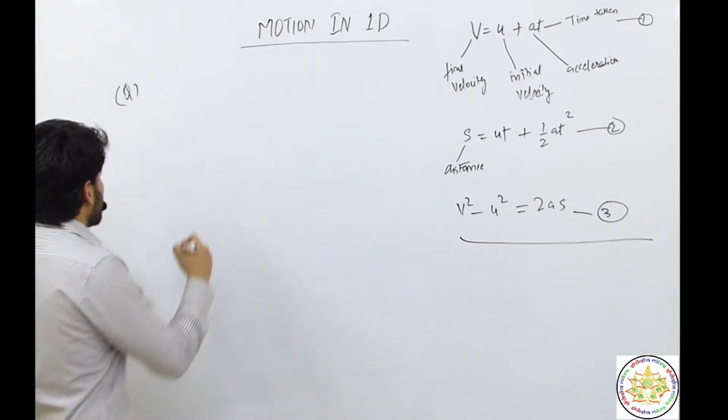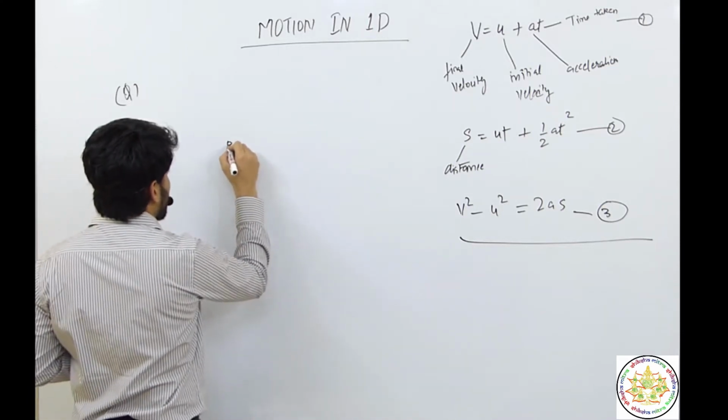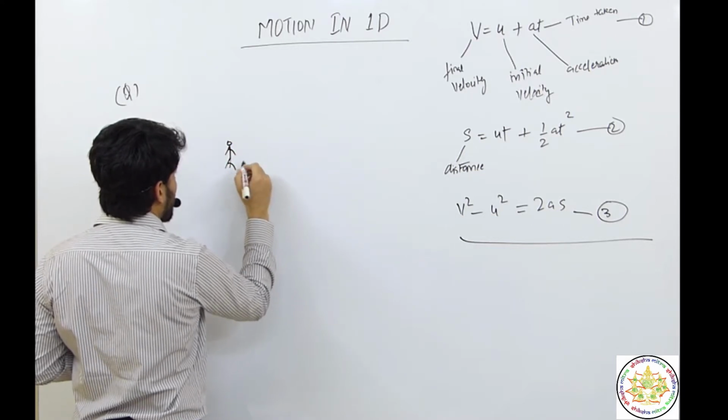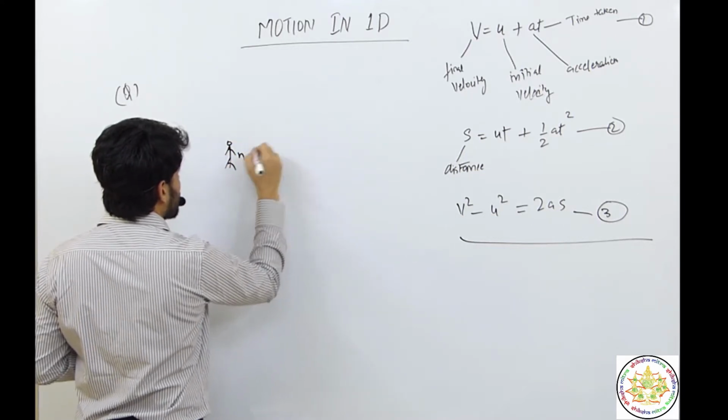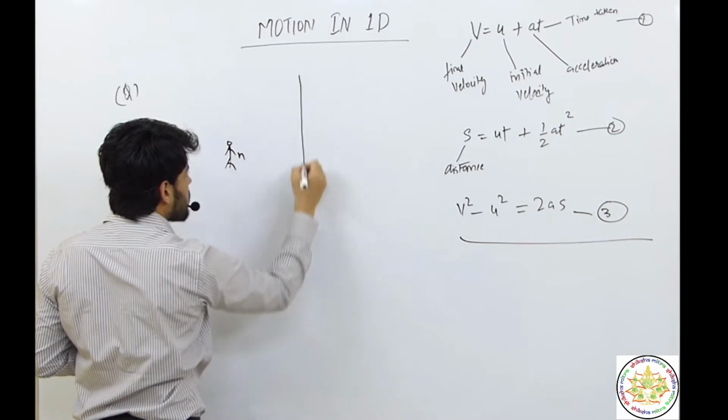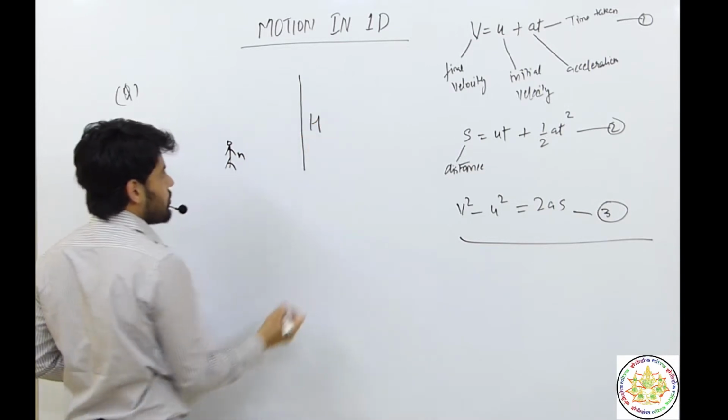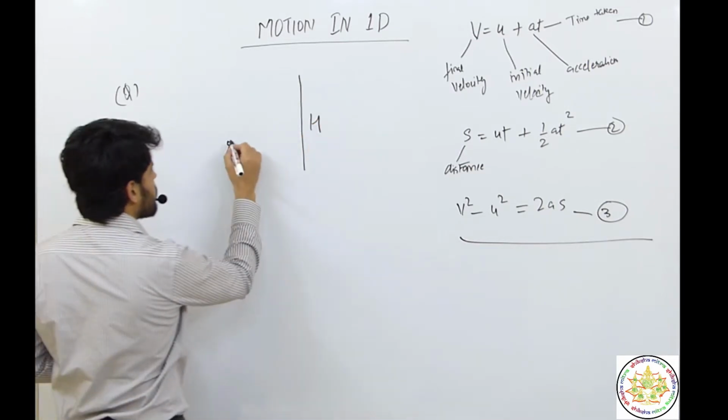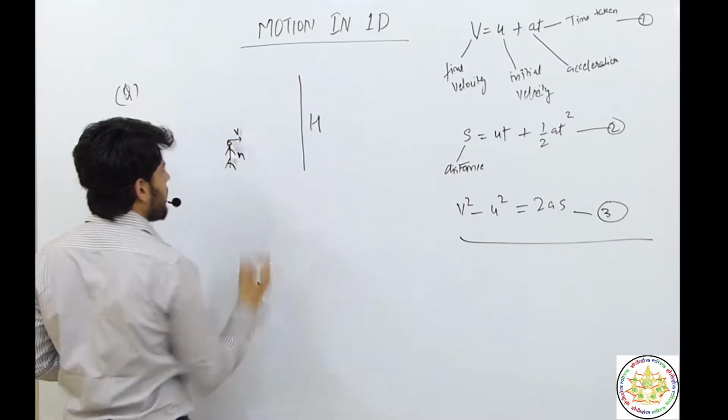A man of height h is moving towards a lamp of height H with a velocity of v.